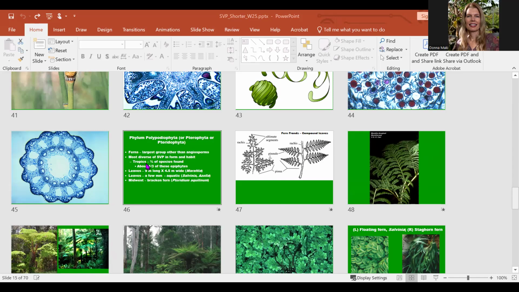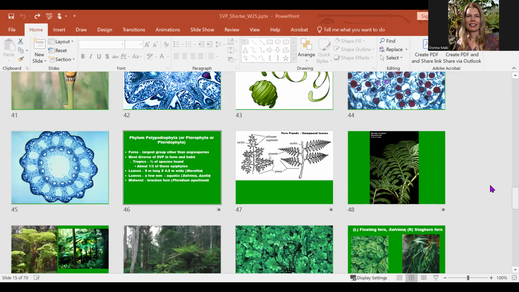Looking at slide 7, we're getting into what is so great about the seed. And slide 9 is really the only time I'm going to get you to think about bryophytes for the final.